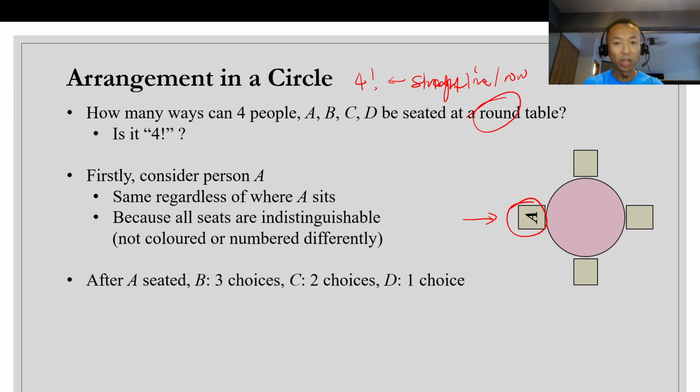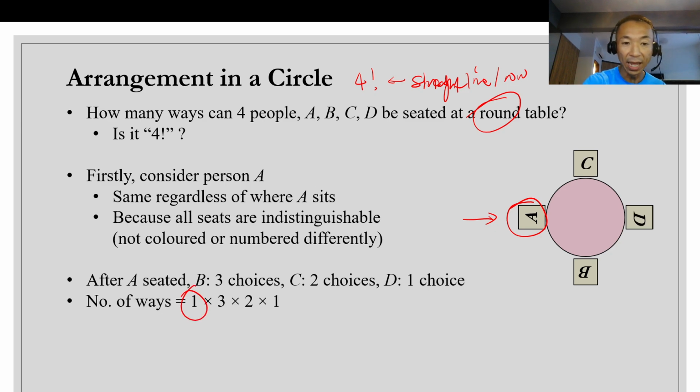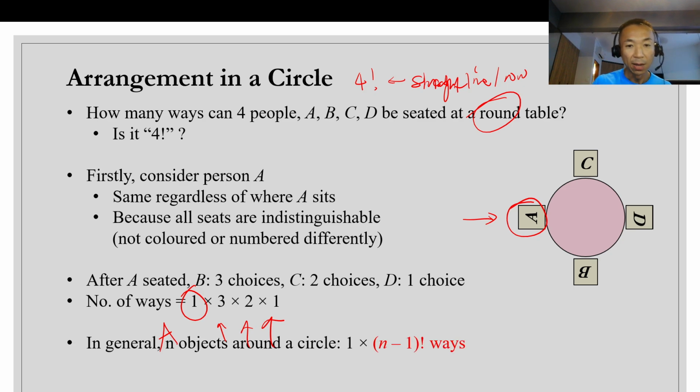Then after that, you arrange B, C, D relative to A. So the answer is one way for A, then for B, C, D to be arranged around A. For that matter, it could be A, B, or C used as the reference. It really doesn't matter. Your final answer must therefore be, if you have n objects around a circle, 1 time for the reference, then times n minus 1 factorial.